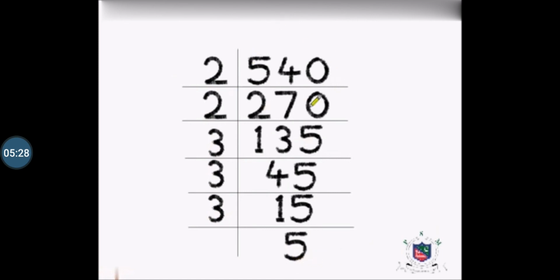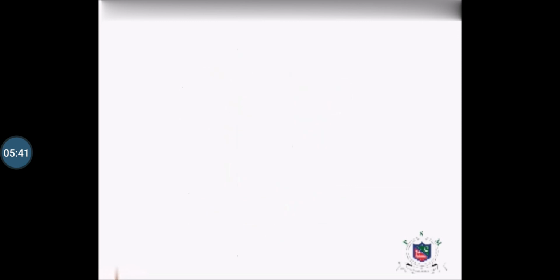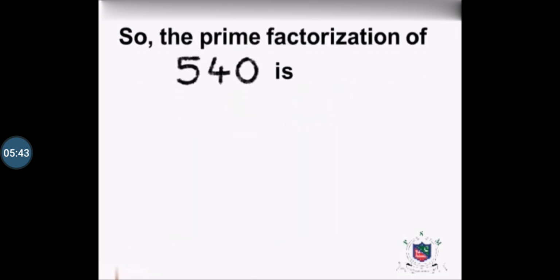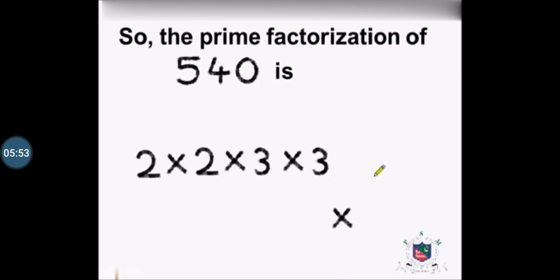So here what we did, we have expressed the number 540 as the product of only prime factors, which are 2, 2, 3, 3, 3, and 5. So the prime factorization of 540 is 2 multiplied by 2 multiplied by 3 multiplied by 3 multiplied by 3 multiplied by 5.